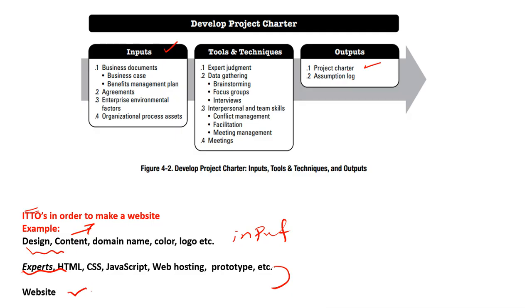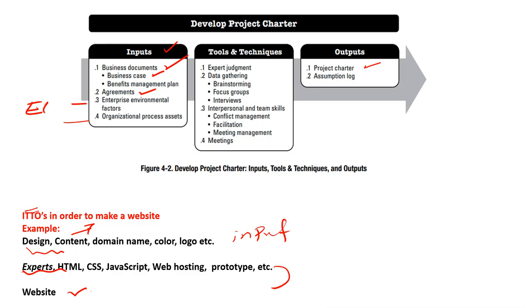In order to make the project charter and assumption log, our input will be the business documents, and business documents are divided into two parts: one is the business case, and the second is the benefits management plan. These we will discuss in the next lesson. The agreements we will also discuss later on, but in this lesson we will discuss enterprise environmental factors and OPA.